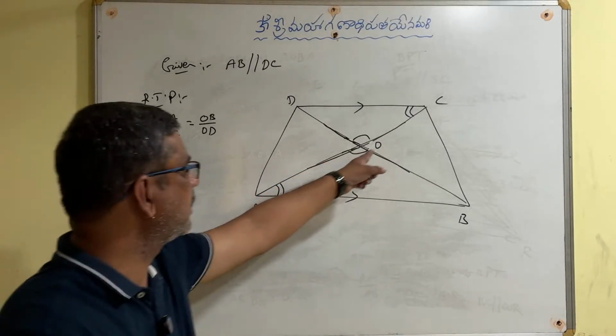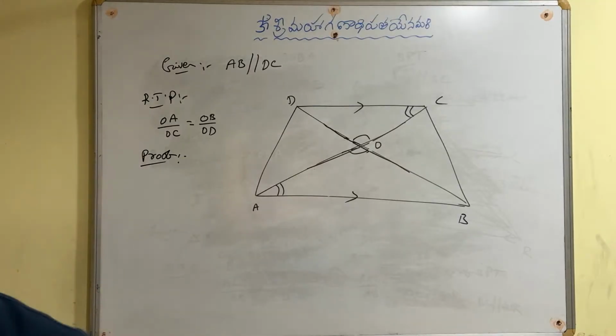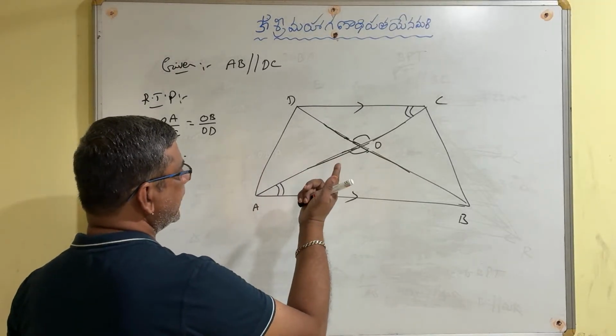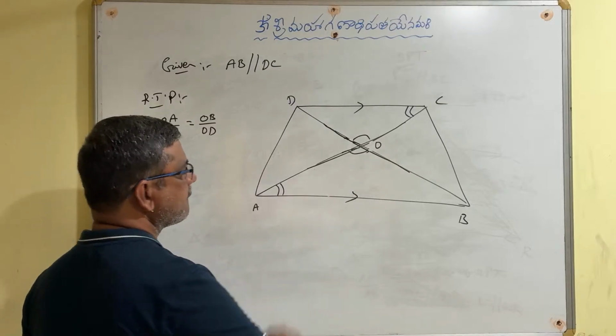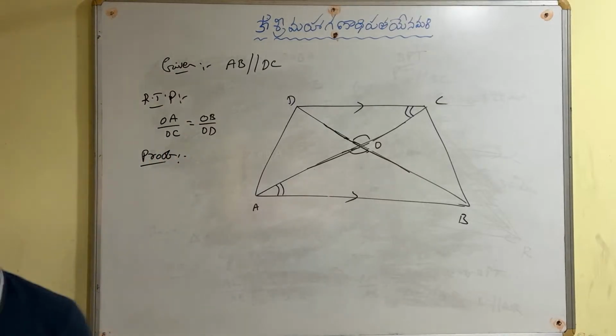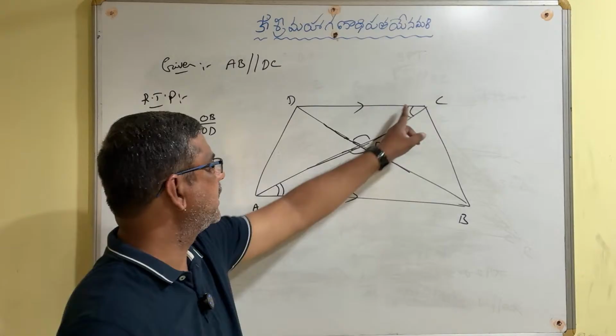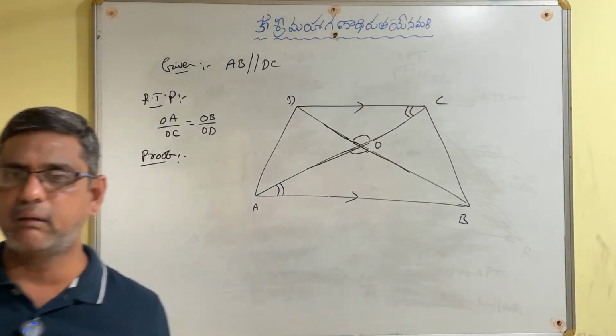Moreover, you are missing one more side OC. How can you take these two? Which are the angles equal? Alternate interior angles, vertically opposite angles. Done. AA similarity.